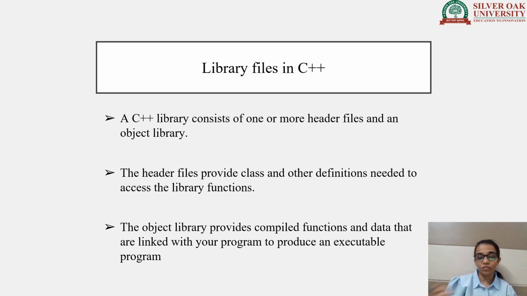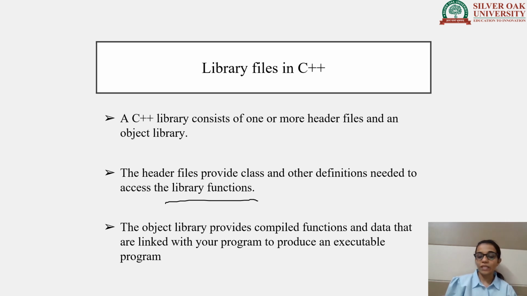We use one or more header files to access the functions from that particular library. What will the header file provide? It will provide classes and other definitions needed to access the library functions. It will provide everything that I need to access the function from that particular library.